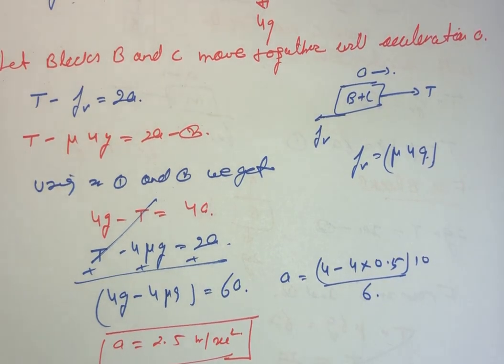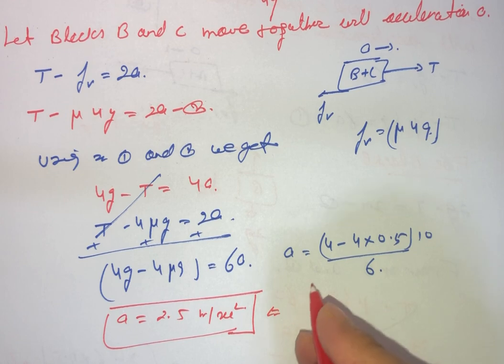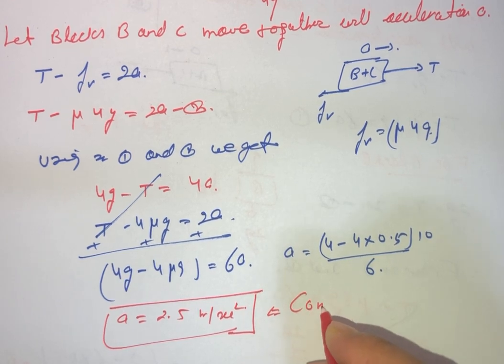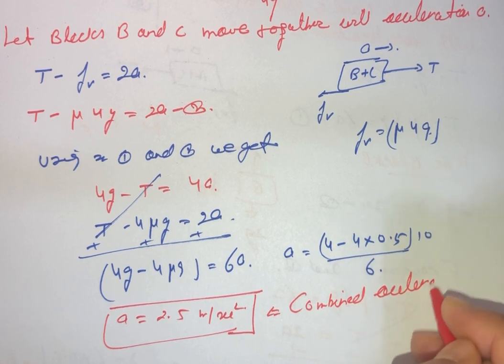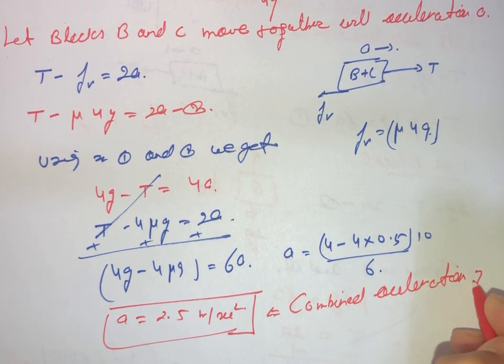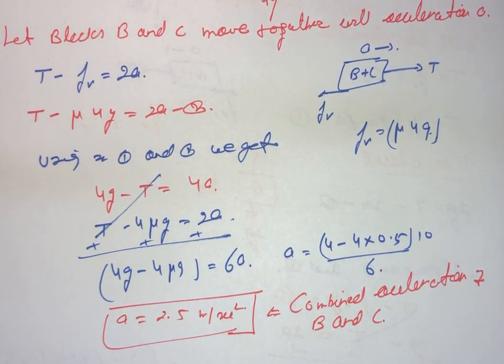Now this is the combined acceleration of B and C, because we assumed that they are moving together.